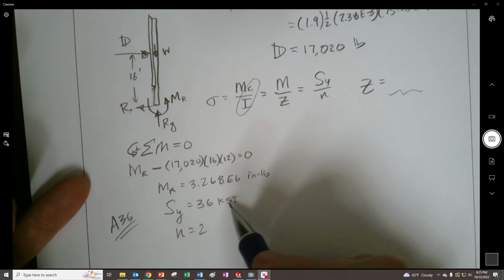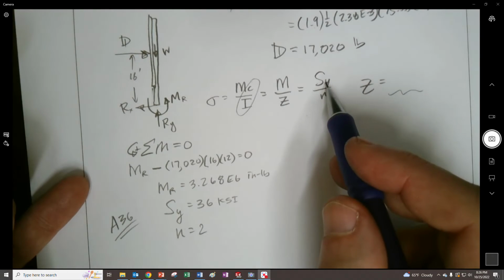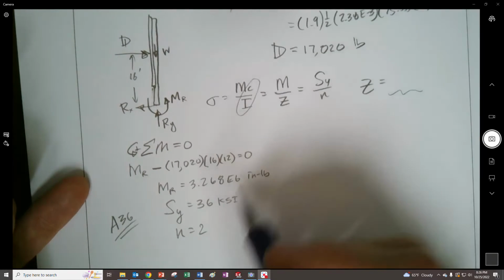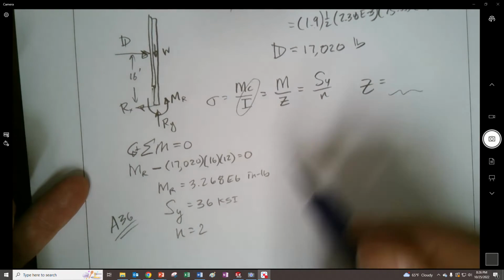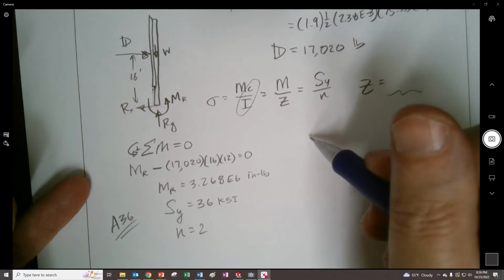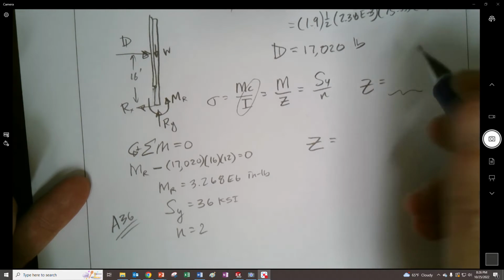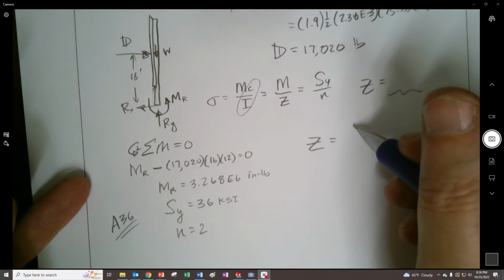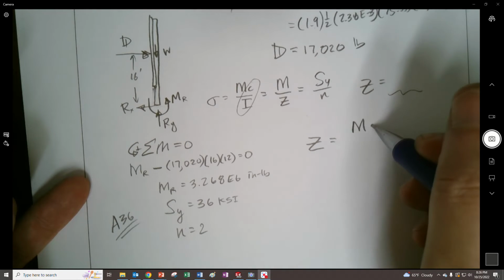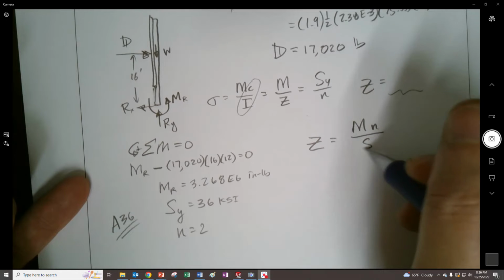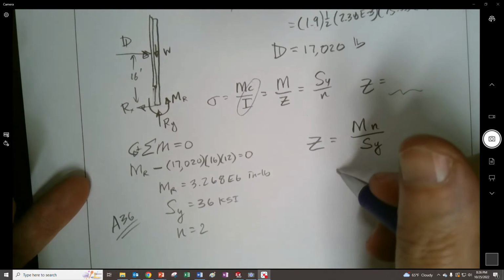So what we're really saying is we're going to have a limiting stress, or the allowable stress, of 18 KSI right up here. We're going to be able to find Z by taking the moment, multiplying it by the safety factor, and dividing it by the strength.